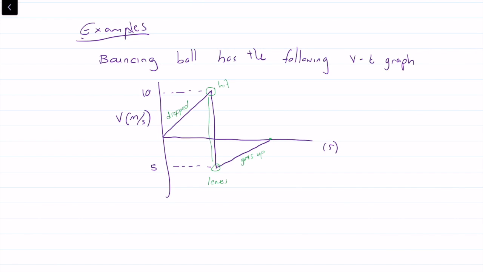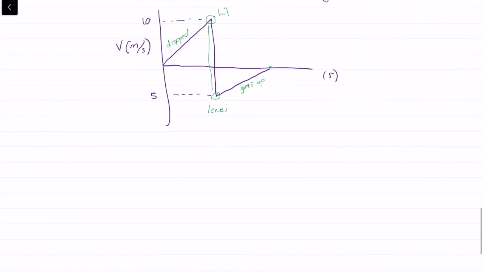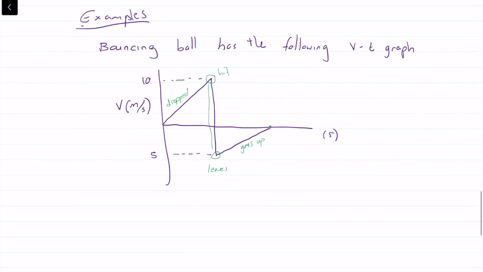So if we were to draw this on an ST graph, it would look something like that. That graph's not given, so that's if you wanted to draw it. So the question is, is it elastic or inelastic?